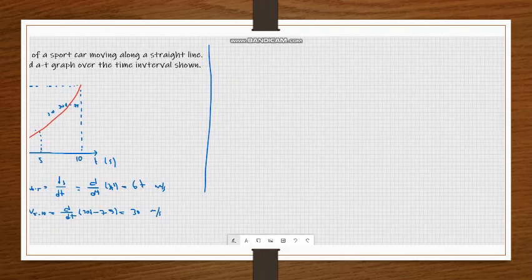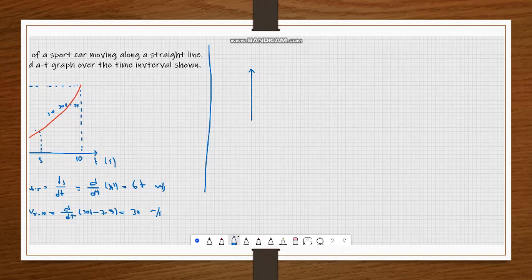So we can draw easily t versus v, where velocity is in meters per second and time is in seconds.